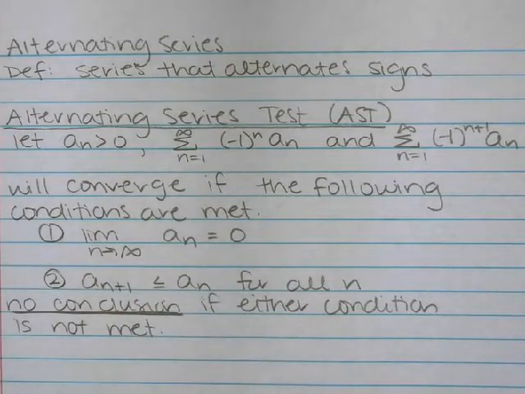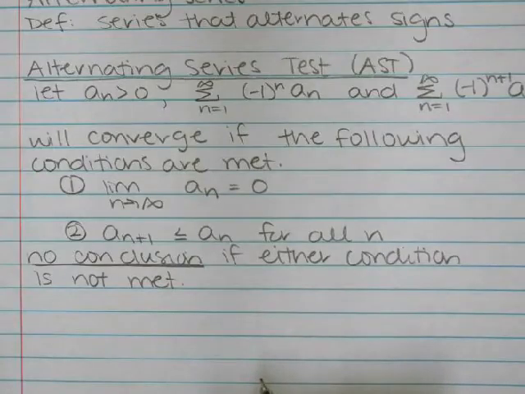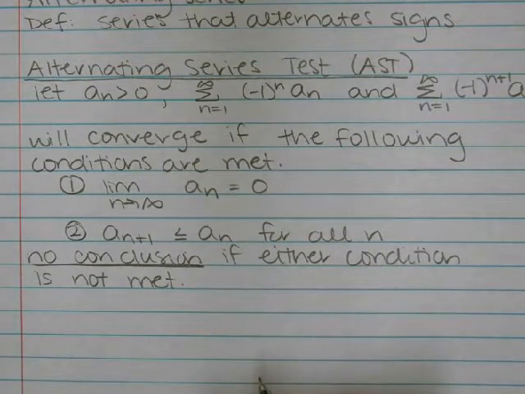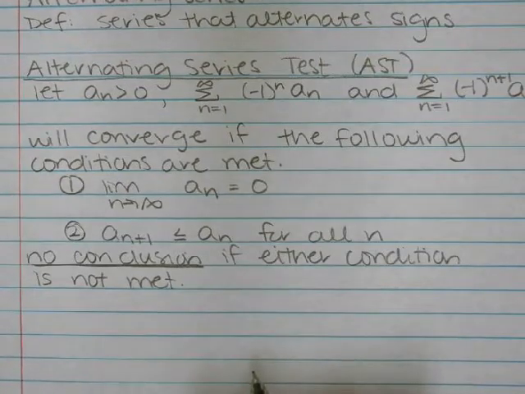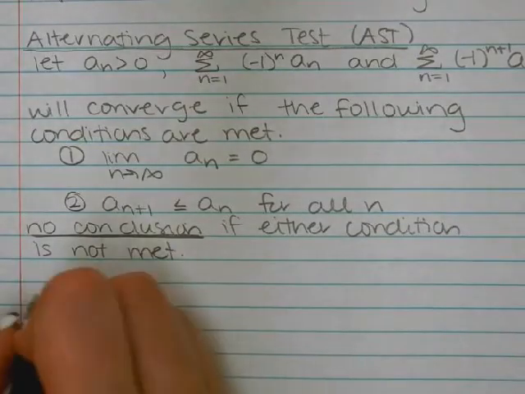And that's important to remember because when we learned about the nth term test, a lot of people were drawing conclusions in that one situation where it was inconclusive. So make sure you know in which situation this is inconclusive, and then when that happens, you can't use it. So we're going to do a few examples.